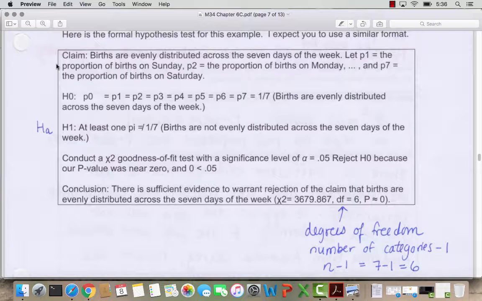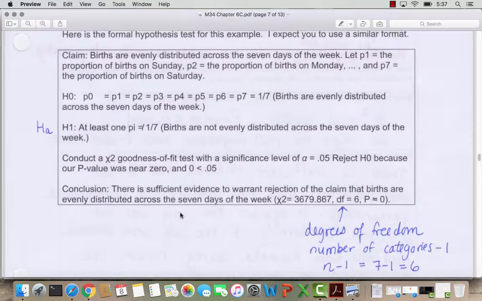There's some difference. So we want to conduct a chi-square goodness of fit test with a significance level of alpha is 0.05. So we are rejecting the null hypothesis because our p-value is near 0, and that's less than 0.05. So what's our conclusion?